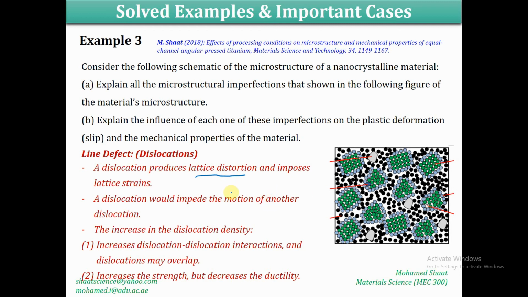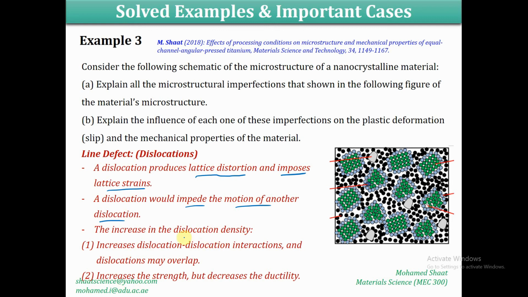But anyway, it will impose some lattice strain, and this lattice strain is going to impede the motion of another dislocation.